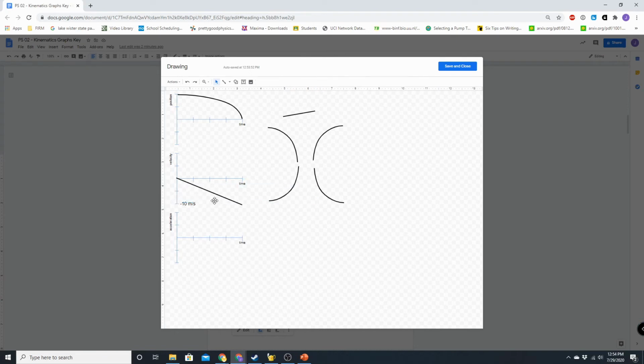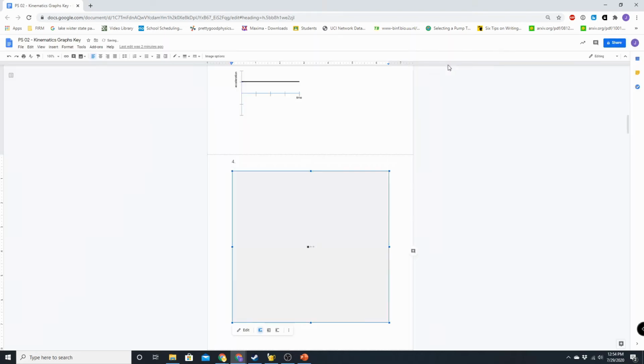So you must be going faster and faster. How do we get the acceleration graph? Well, we need the slope of the velocity that has a constant negative slope. So we'll put the acceleration as a constant and negative.